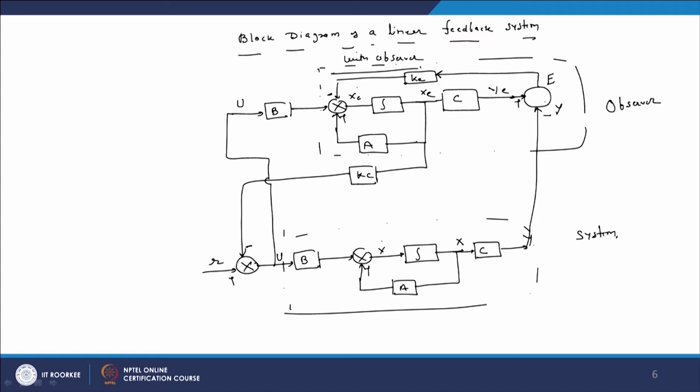Now we have seen the block diagram, and we have seen that the error is to be minimized, but how will you prove mathematically that this K matrix minimizes the error? Therefore, based on this block diagram we have to write down the equations.